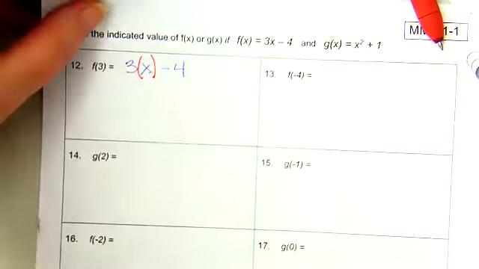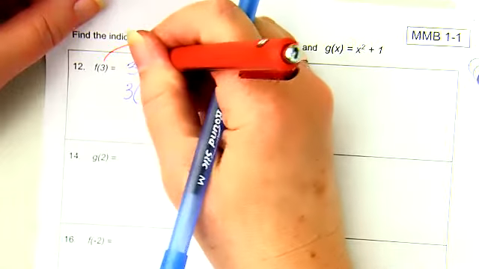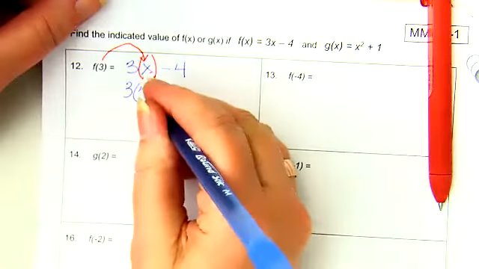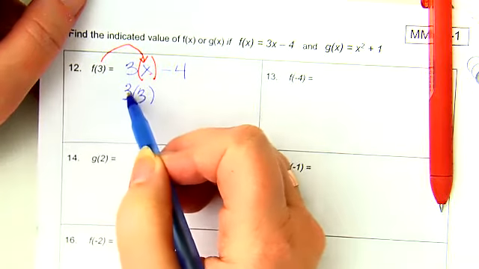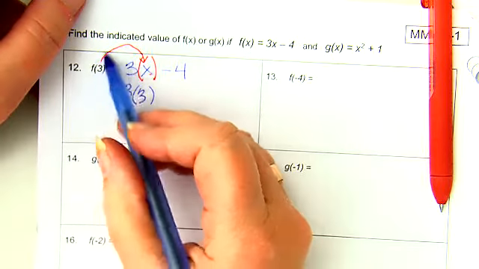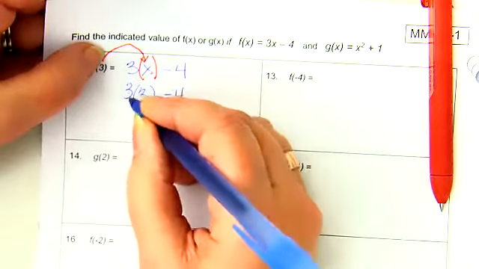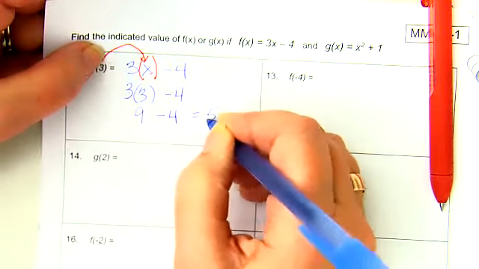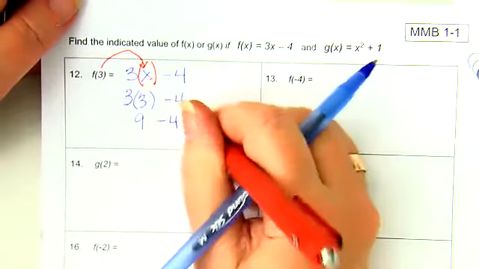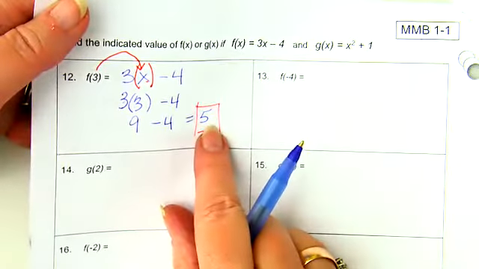That's where I'm going to put my number. So 3, and the number that's going to go in right there is another 3. This 3 came from the parentheses. And then subtract 4. 3 times 3 is 9. 9 minus 4. This answer is 5. This is what comes out.